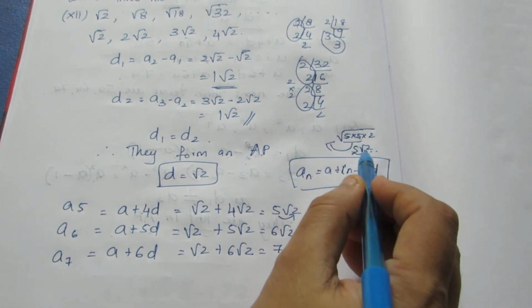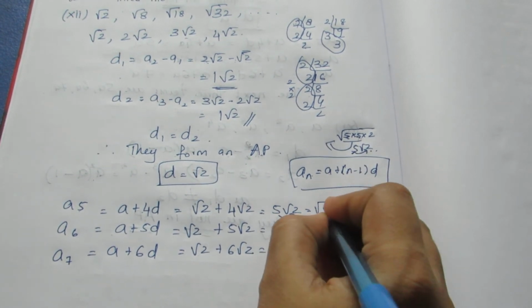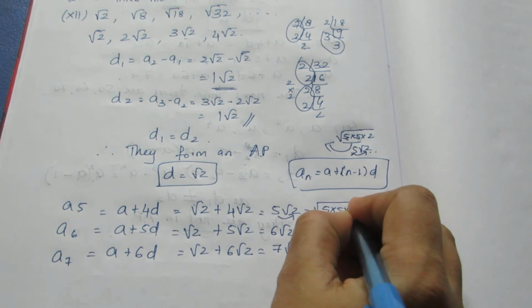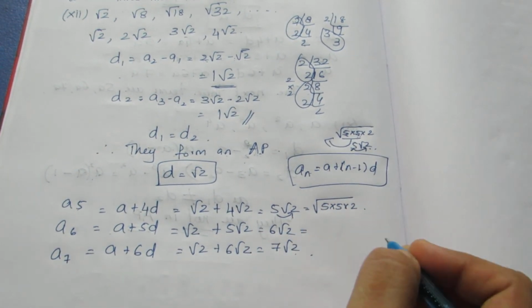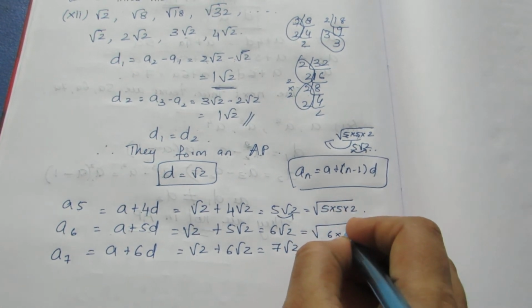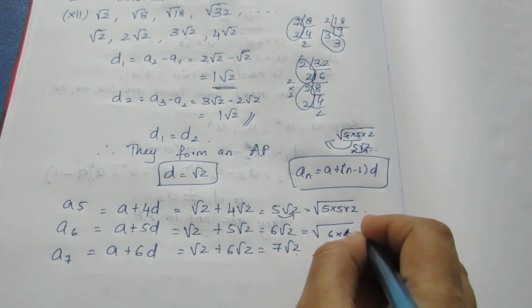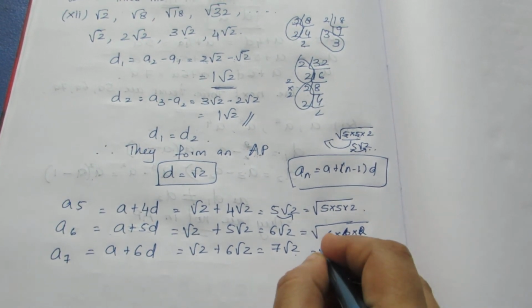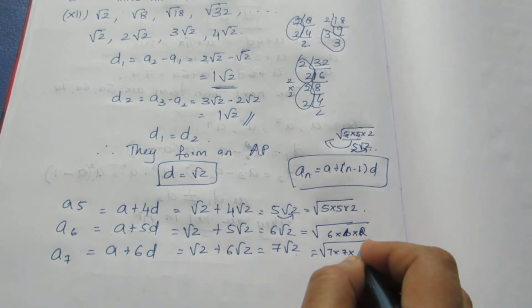I want to bring this number inside, so we need to multiply twice. So this becomes 5 into 5 into 2. The same way, to bring 6 inside, 6 into 6 into 2. The same way for 7, 7 into 7 into 2.